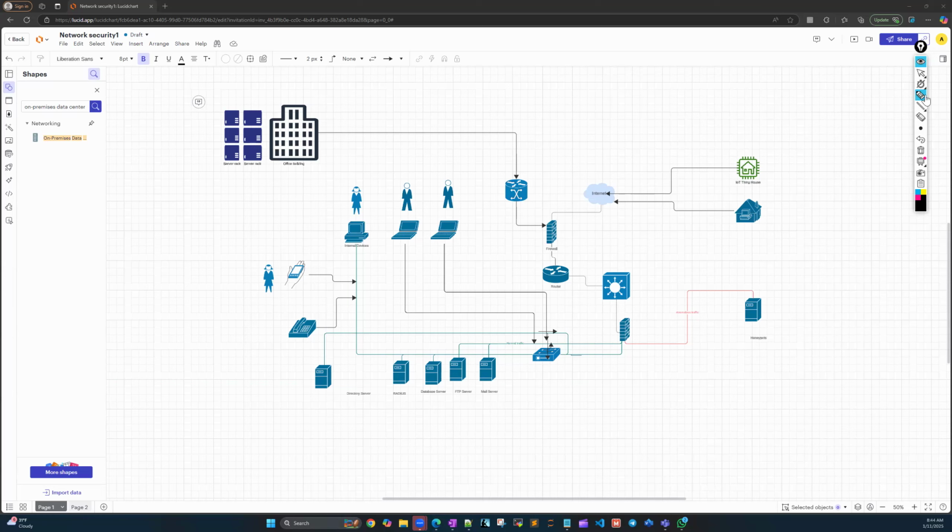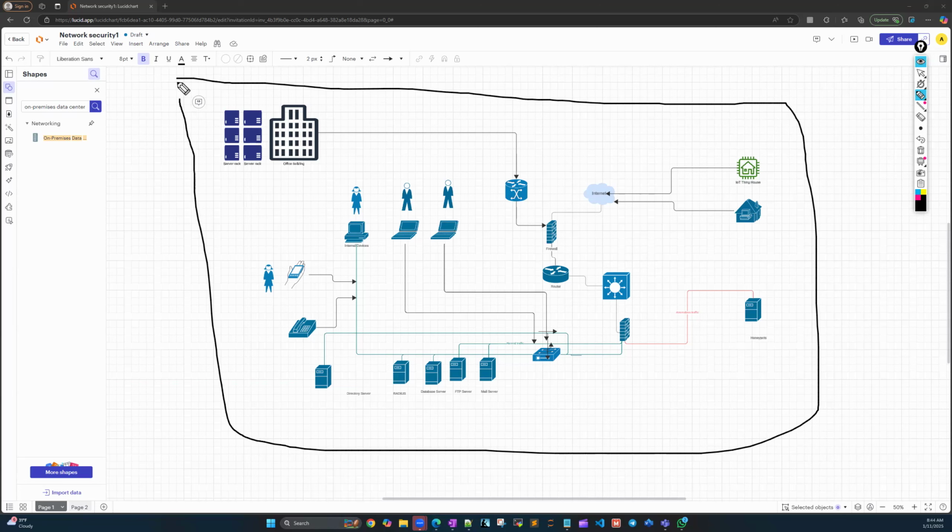For example, if this is what I'm working on, and then somebody calls my phone, as a security engineer I work for the company, and they say this user here is unable to connect to the internet.